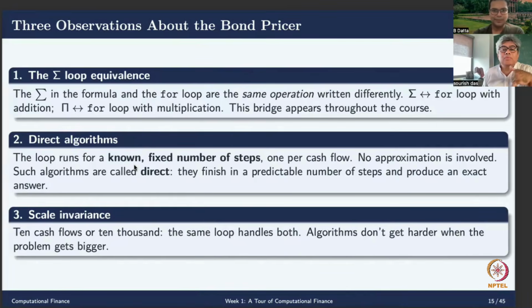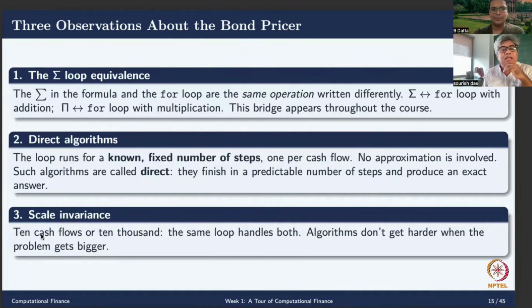They finish in a predictable number of steps and produce an exact answer. There are algorithms which are not direct. They are sometimes called stochastic algorithms. You don't know at what step they will stop, and the answer is not necessarily exact. That is for a different kind of problem.